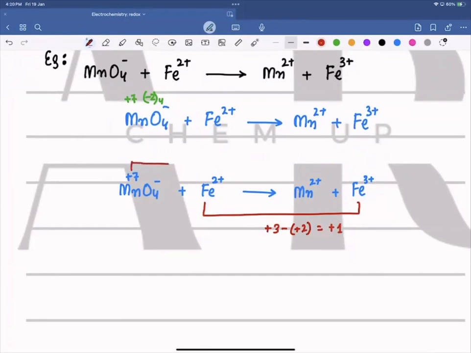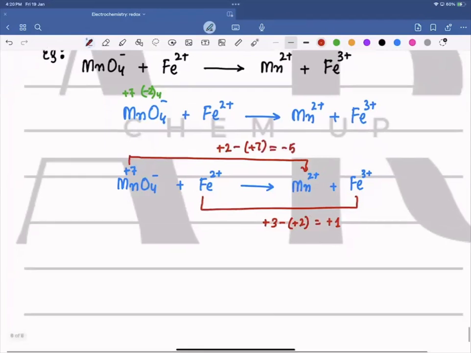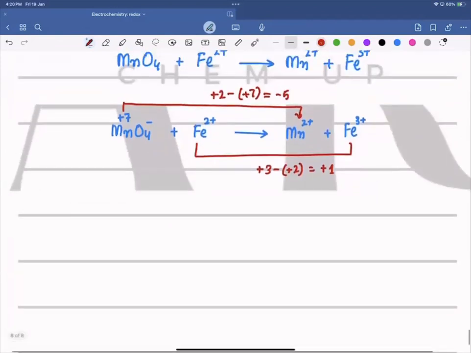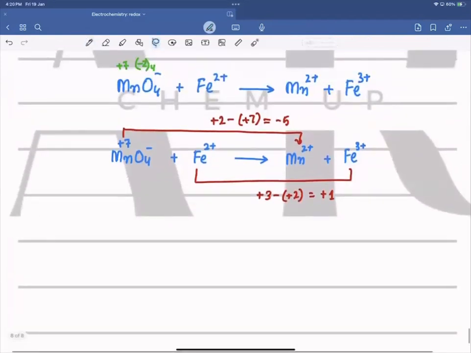And here +2 minus +7, so the change is -5. Is this clear? Yes, sir.